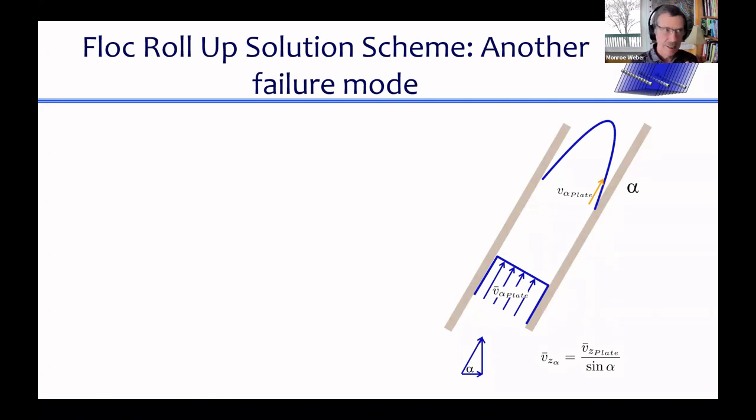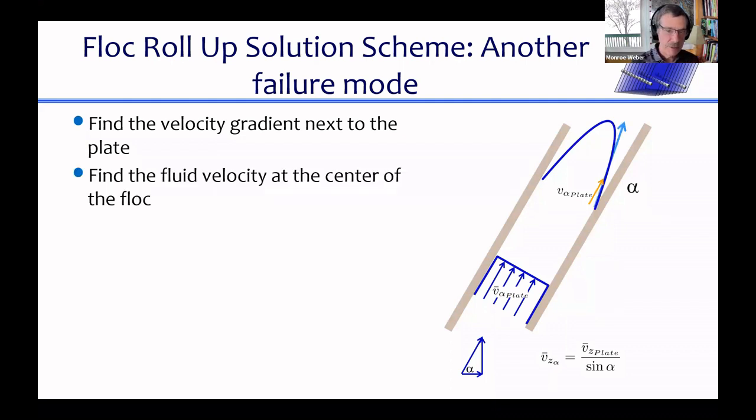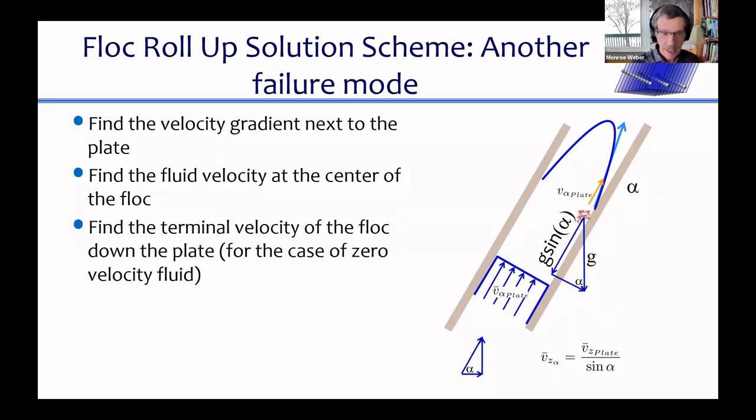So here's the solution scheme. We find the velocity gradient next to the plate based on the fact that it's the parabolic velocity distribution. We find the fluid velocity at the center of the floc based on the diameter of the floc and its radius. And then we find the terminal velocity of the floc down the plate for the case of zero velocity fluid.